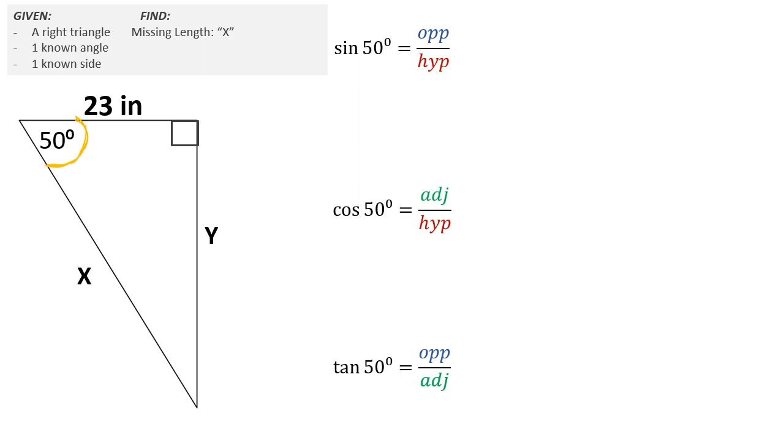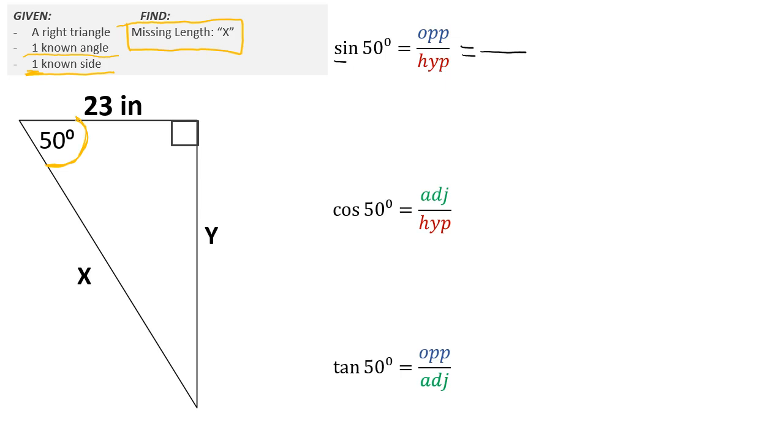So now we're taking it to the next level where they give us one known angle, 50 in this example, and only one known side, 23 in this example. And we are being asked to use SOHCAHTOA to find the missing length of x. Well, how do we do that? We use our SOHCAHTOA ratios in the same way, and then we use a little bit of algebra.